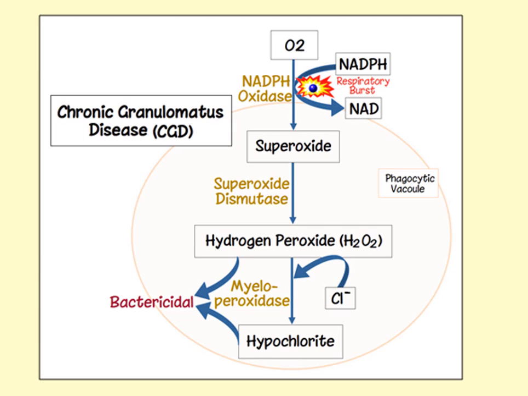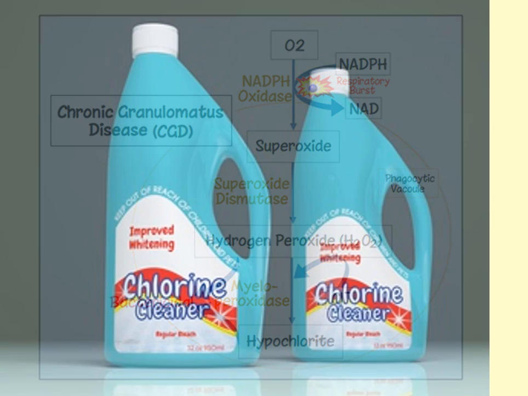Hydrogen peroxide is then acted upon within the lysosomes of the macrophages by myeloperoxidase, which joins chloride to hydrogen peroxide, and we make hypochlorite.